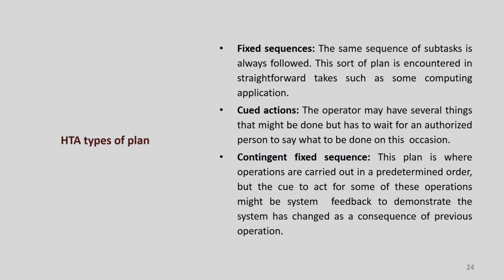Then contingent fixed sequence. This is a plan where operations are carried out in a predetermined order, but the cue to act for some of these operations might be system feedback to demonstrate the system has changed as a consequence of a previous operation. So, my whole system will tell me what happened in my earlier process, and based on that I will decide what to do and what not to do.